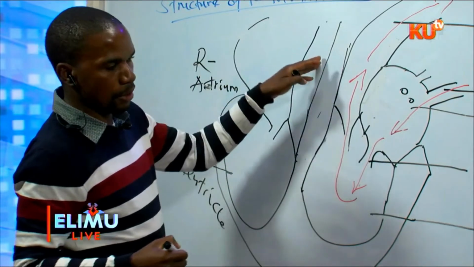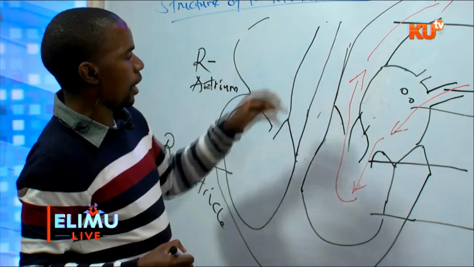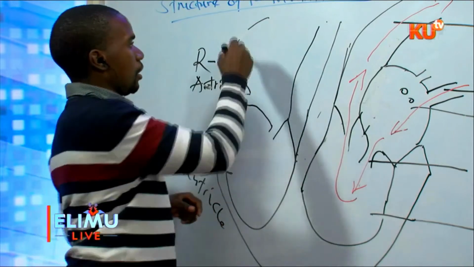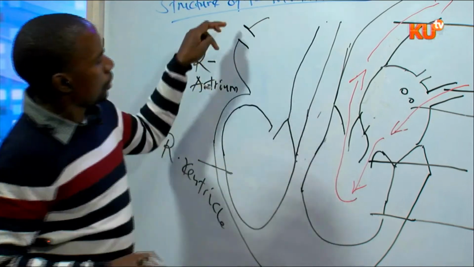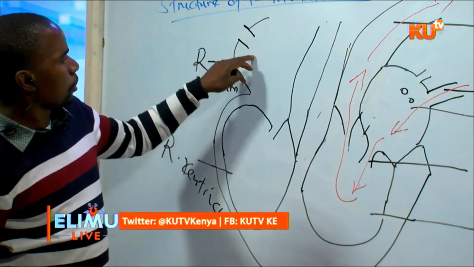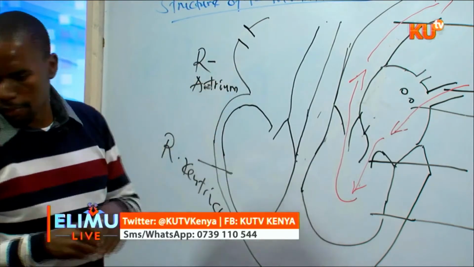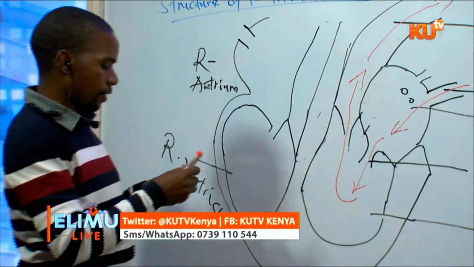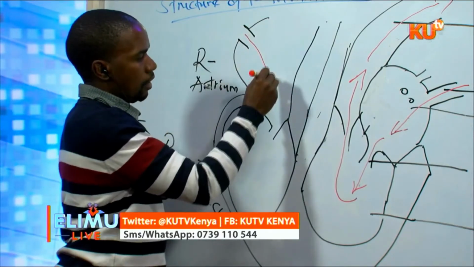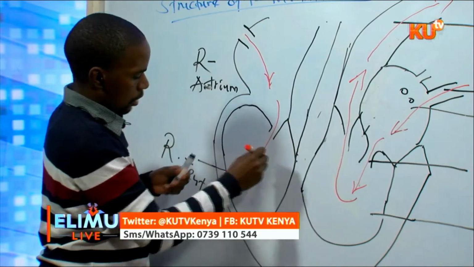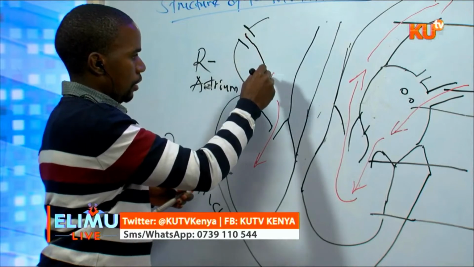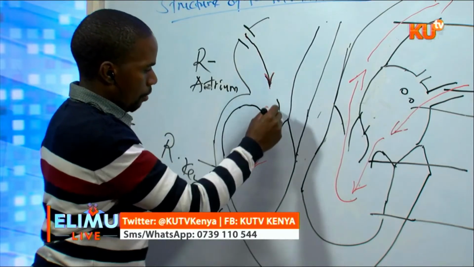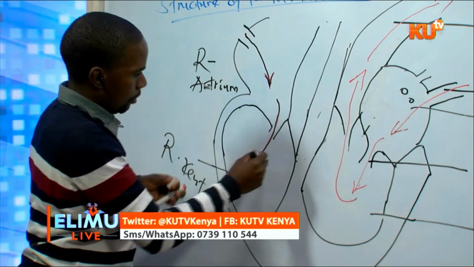so that it can be pumped to the lungs for purification. So this is where it comes from, the body to the right atrium through the vena cava. I'll just indicate like this, so that now we are talking about blood that is not purified.